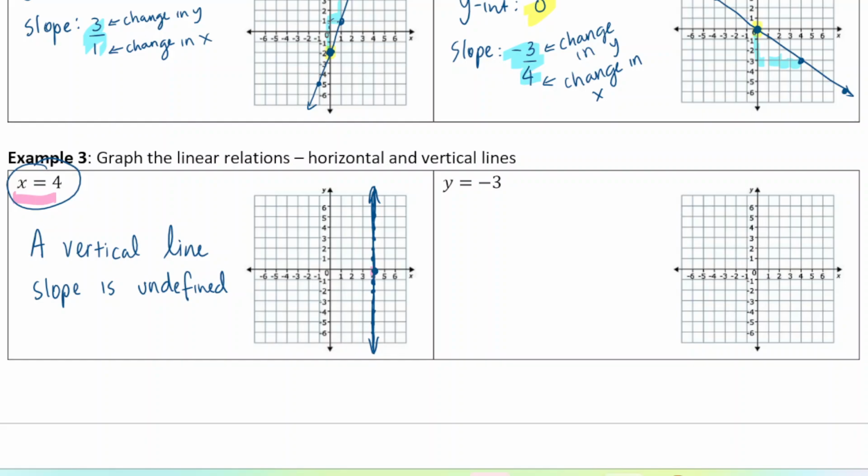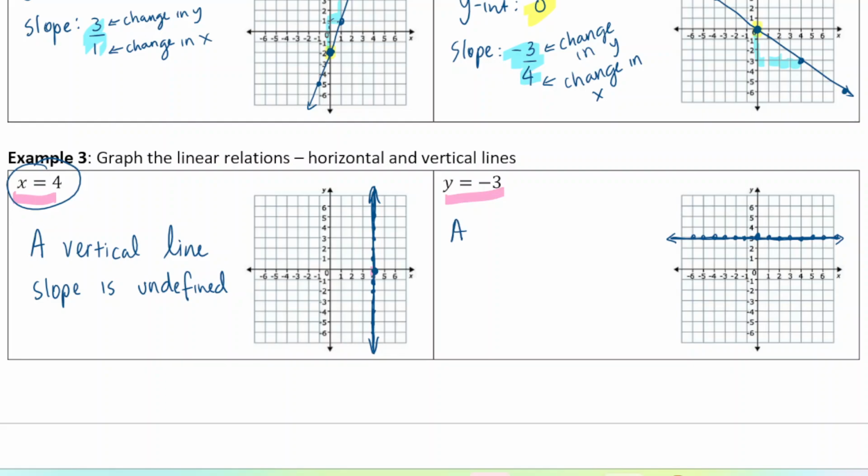Okay, and let's look at this one. y is -3. So let's try and plot all the points where y is equal to -3. So y equals -3 is right here. And then all of these points would also have a y value of -3. So it is a straight line. It's kind of a special straight line. And for this, the slope is 0 because the change in the y values is 0.